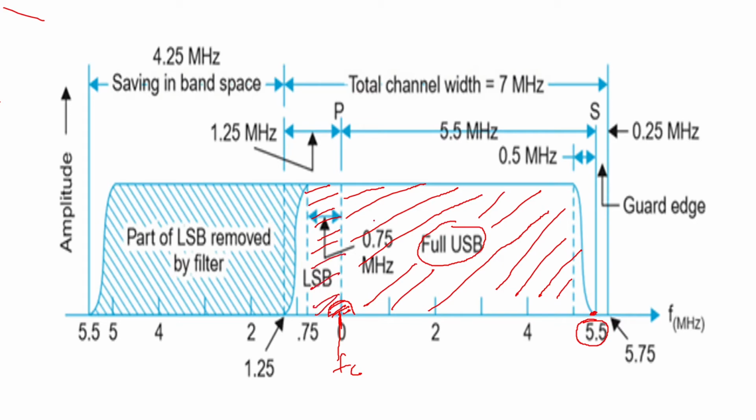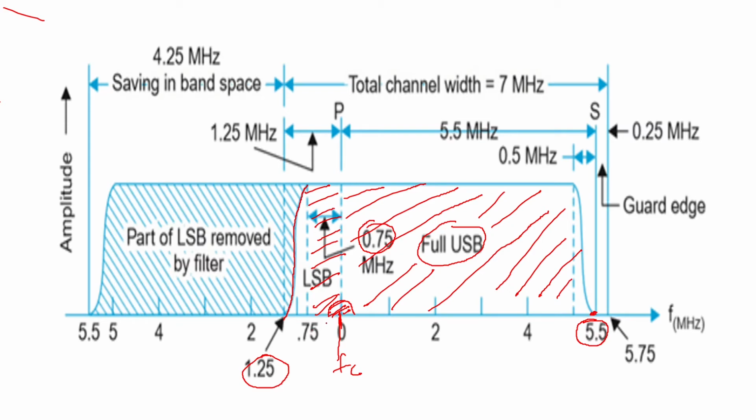This is your 0.75 megahertz, and if you see this rolling off till the filtering action, it will be 1.25 megahertz. So the 5.5 megahertz on the upper sideband and the lower sideband 1.25 megahertz, totally it will come to around 6.75 megahertz.